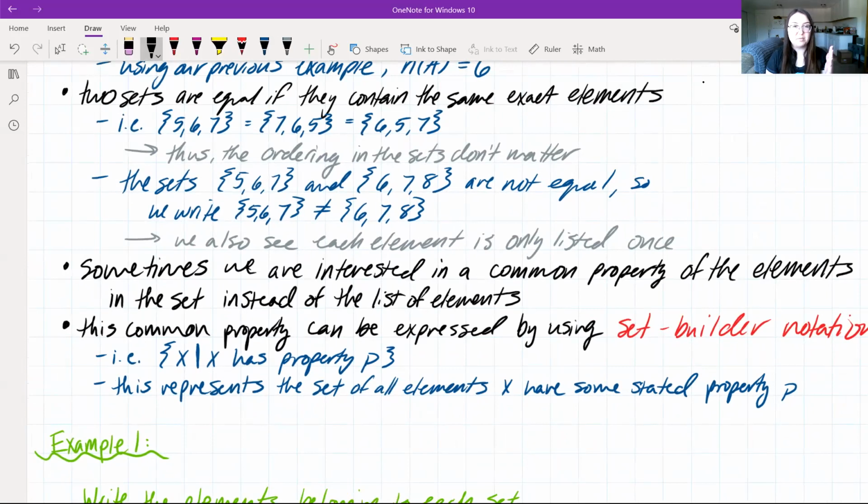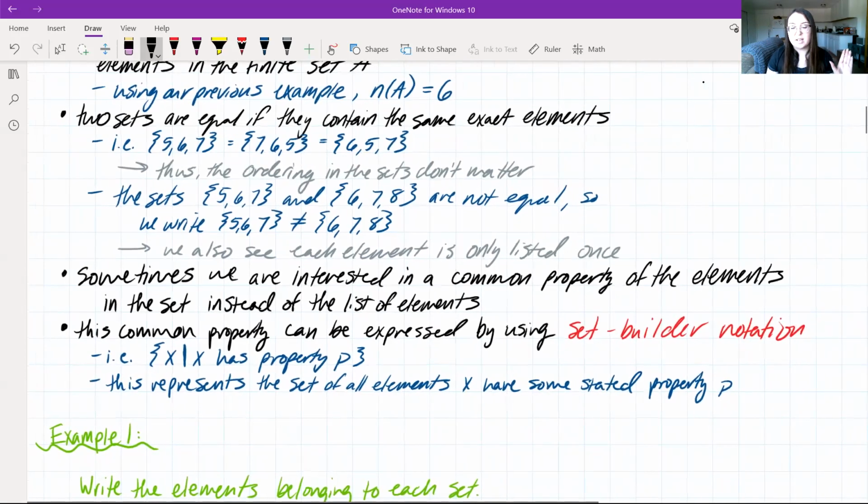So we're stating first that x is our set, or x is our elements of our set. Then we have our line, and then we have that property of x. So we're saying that x is this, or x is something. But the actual elements of the set are just x. So this represents the set of all elements x that have the same property p.